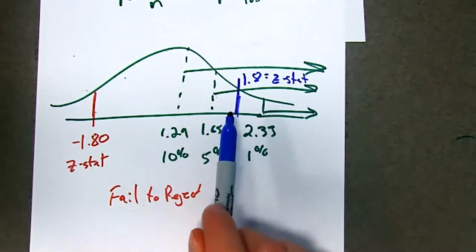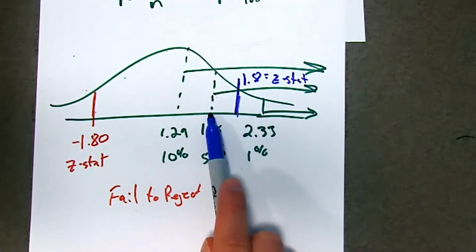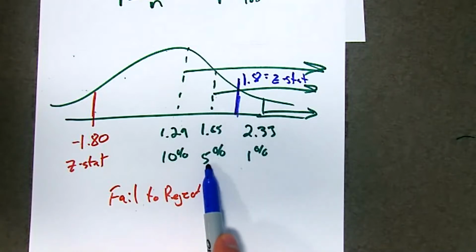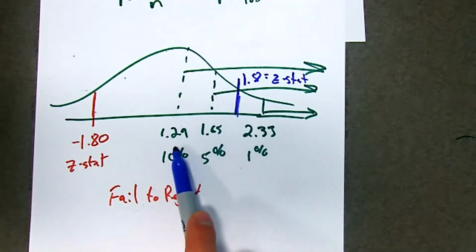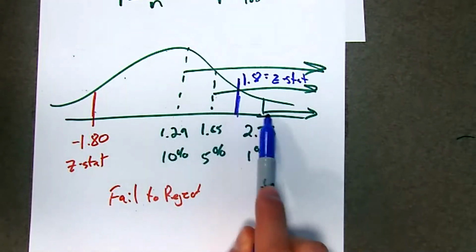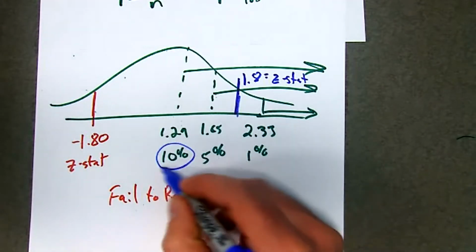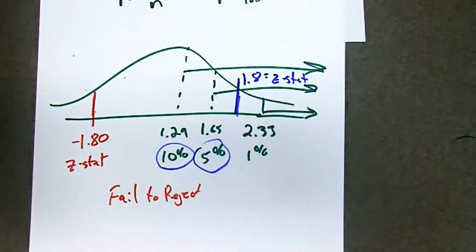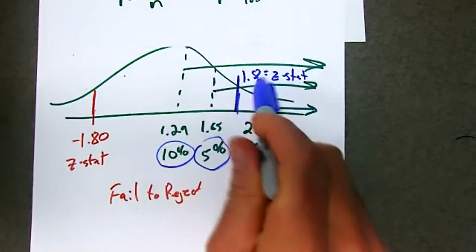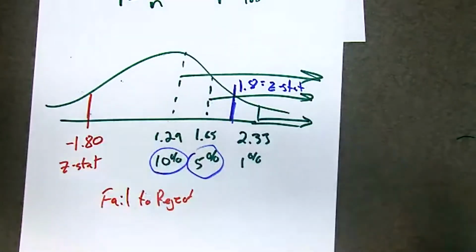What levels could I reject at? Well, it's in my rejection region for the 5% level. It's in my rejection region at the 10% level, but not in the rejection region at the 1% level. So I could only reject at that 10 and 5% level here. Okay. That would be a more interesting test statistic, right? This one's not very interesting.